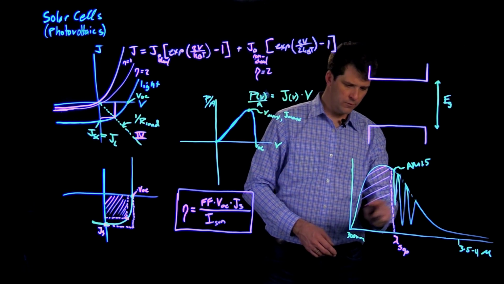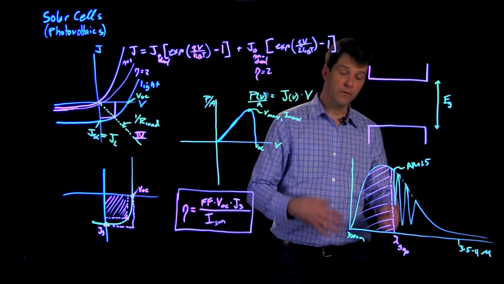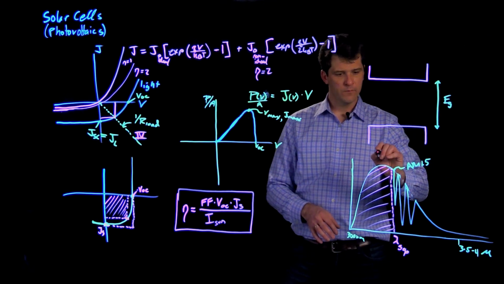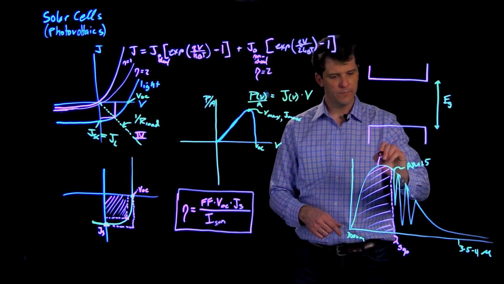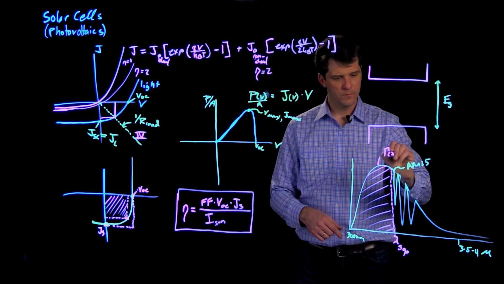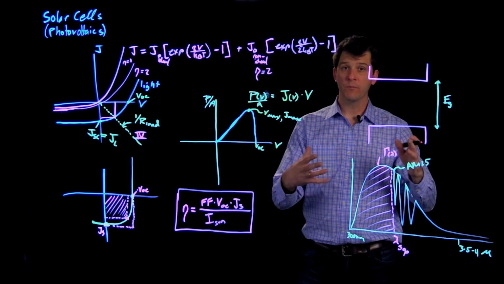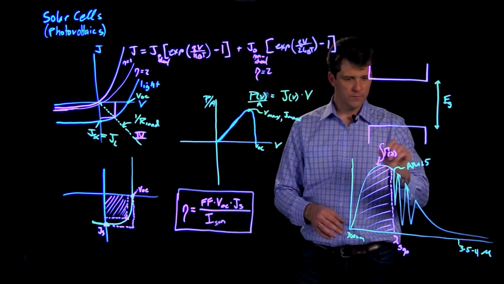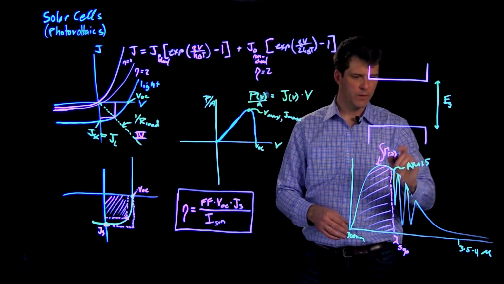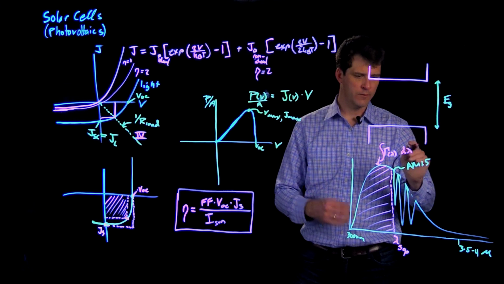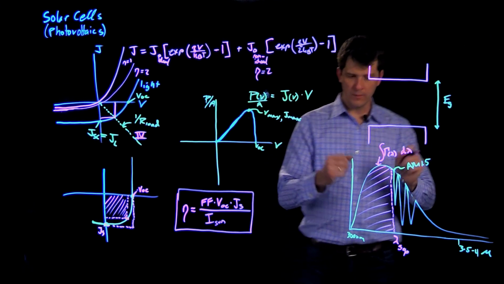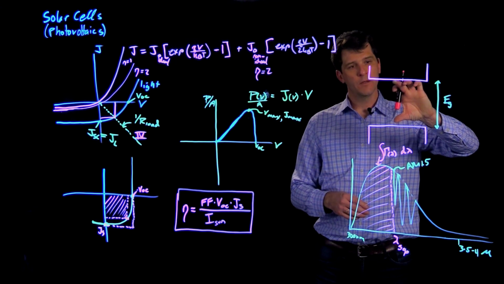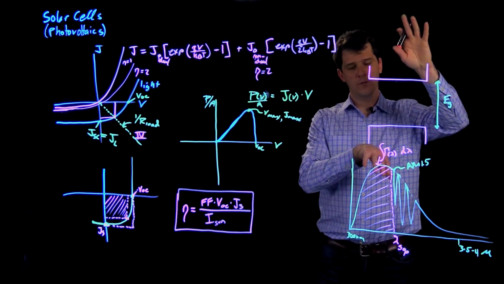So the total photon flux is a function of wavelength times a step function for the semiconductor's band gap, and then we integrate d lambda and get a total current that can be generated. Again, only photons with energy larger than the band gap can be absorbed.